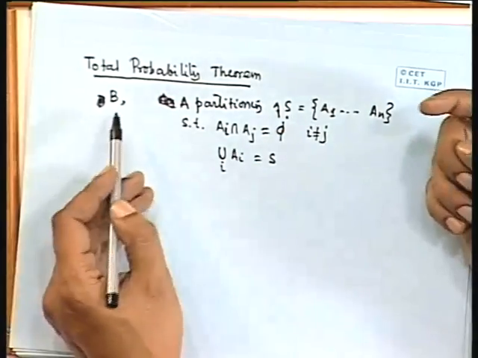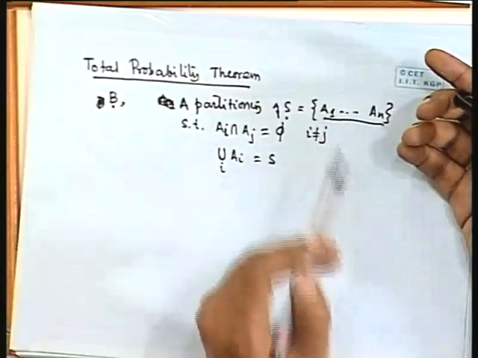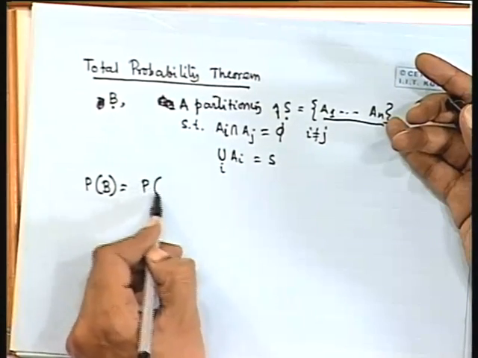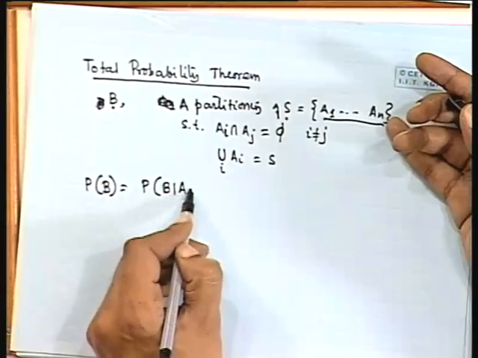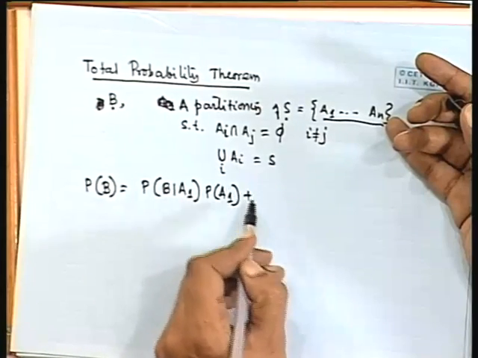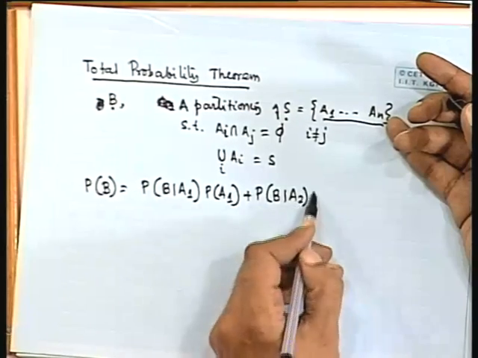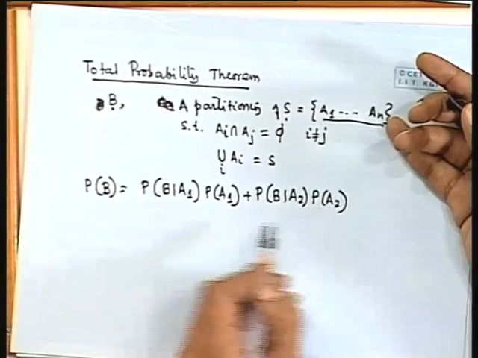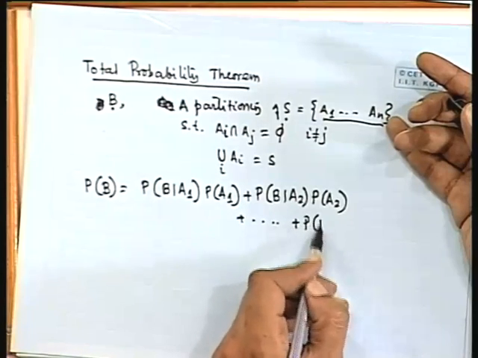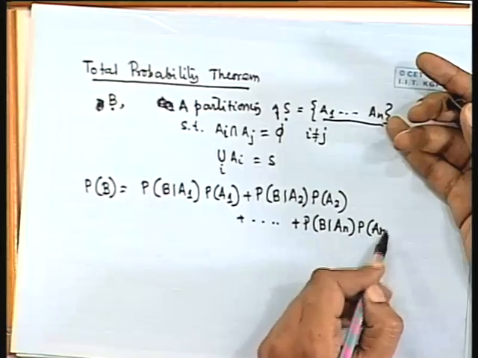So if you have any event B and a partitioning of the set S, then you can write that probability of B is equal to probability of B given A1 into probability of A1, plus probability of B given A2 into probability of A2, plus, in the finite case, up to probability of B given AN into probability of AN.